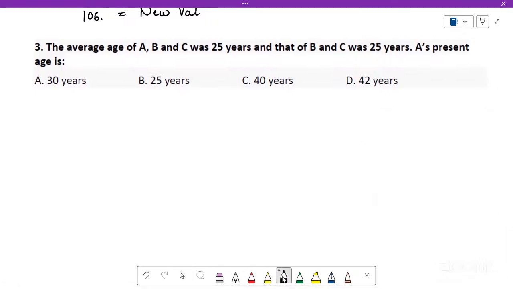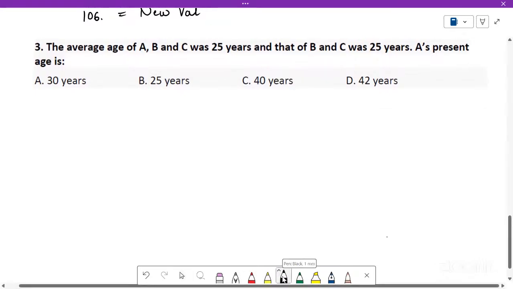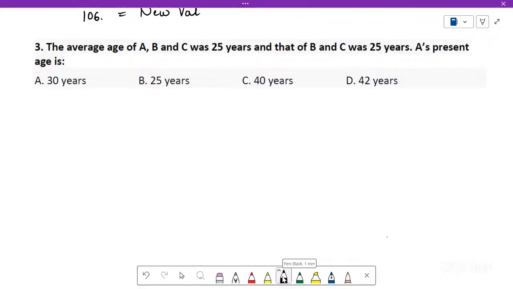Average age of A, B and C was 25 years and that of B and C was 25 years. A's present age is? B and C's average age is 25 years.